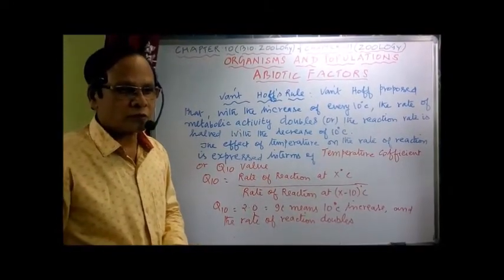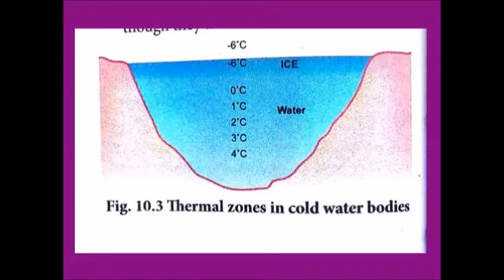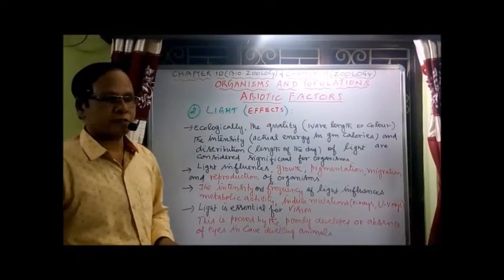Now we have to go for the effects of light on living organisms. The next abiotic factor is light.